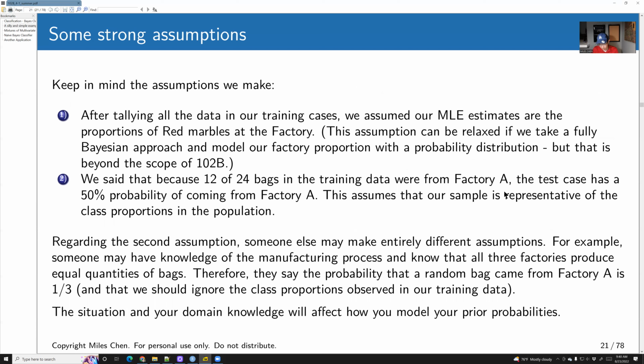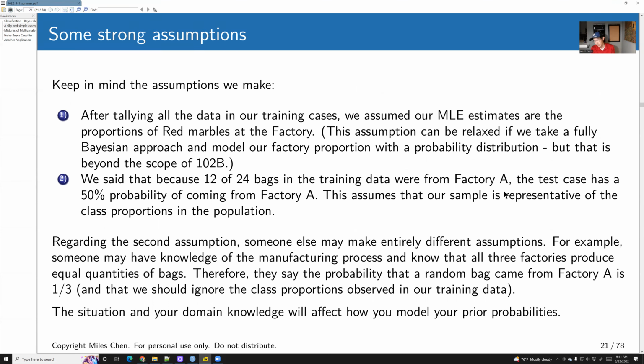Okay. Now there's a few major assumptions that we made, and if it turns out that our assumptions are wrong, then maybe our whole thing is no good. One is the story I told was that we opened up the 24 bags, and I said, okay, these bags are labeled factory A, and after opening up all of these bags, 60% of the marbles are red and 40% are blue.